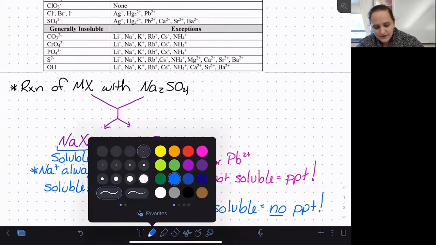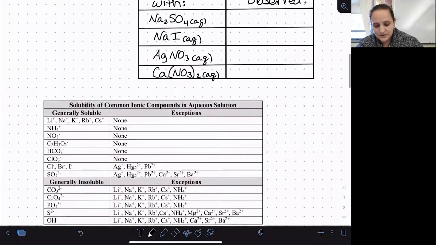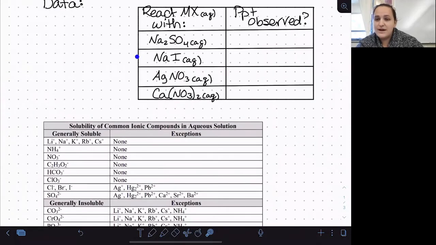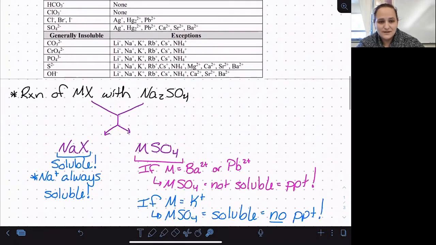So the next reaction that we're going to do is with sodium iodide. We can do the same type of analysis.